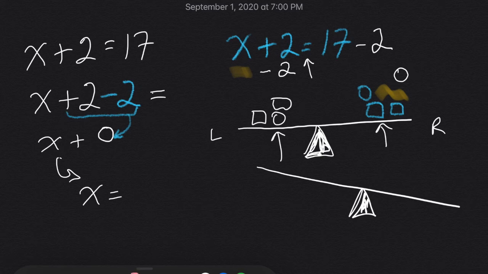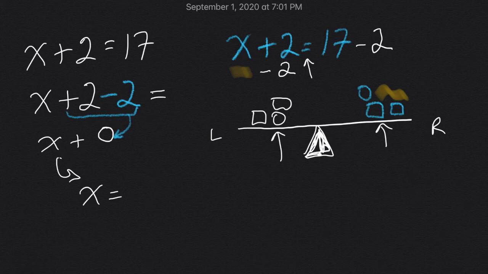The seesaw will not stay balanced unless you come along to the right side and you take away some of its weight. Now, not some of its weight, the exact same amount of weight that you took off on the opposite side.